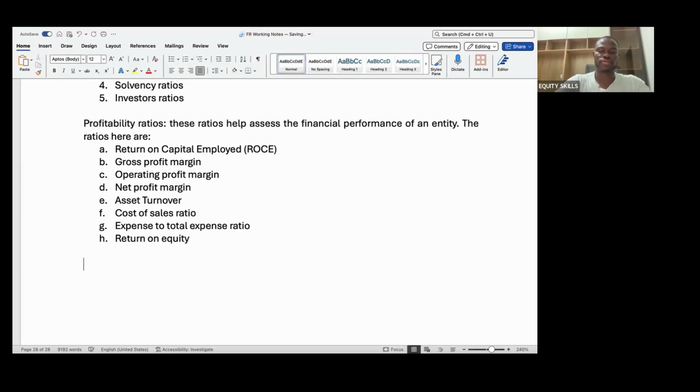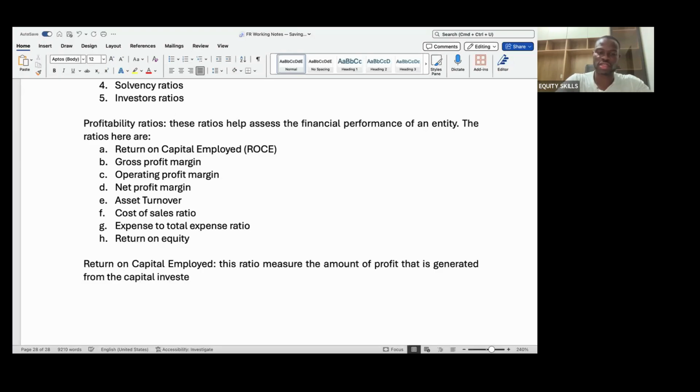The first one is return on capital employed. See, this ratio measures the proportion of profits, or the amount of profits, that is generated from the capital invested by the investors.